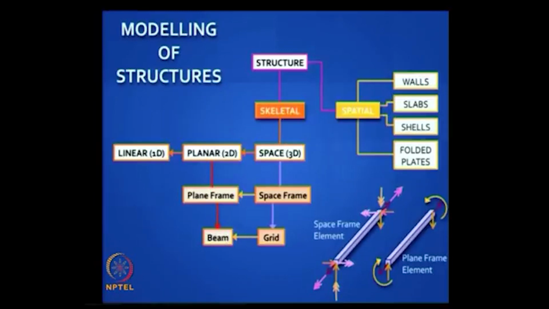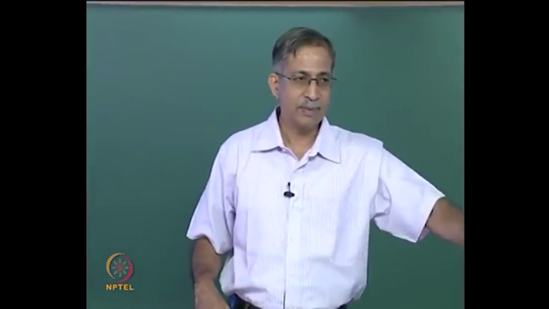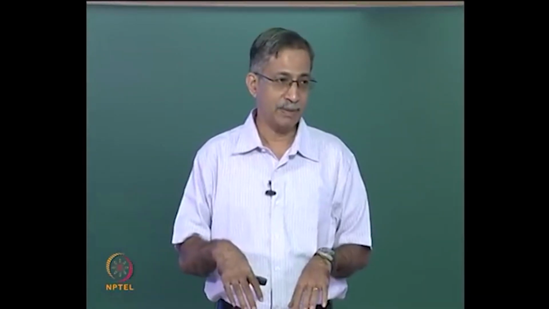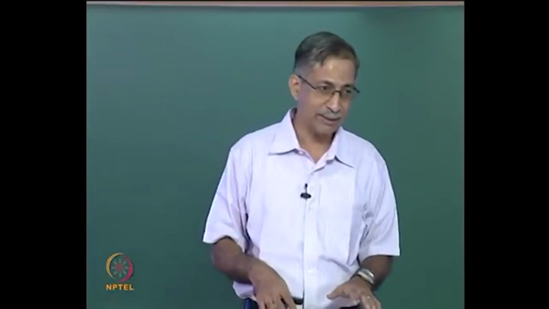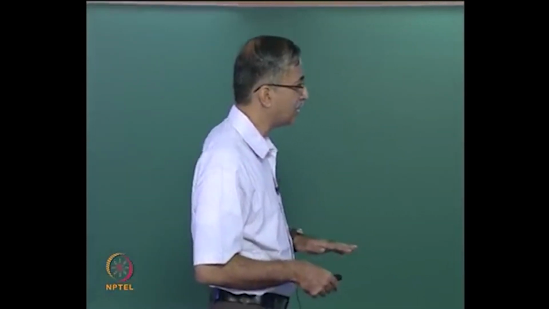In the grid you may have seen networks of beams forming a horizontal planar structure, but the loads are acting out of plane, so it does not qualify to be a planar structure, it becomes a space structure. They are a little complicated, we will study how to analyze those structures.